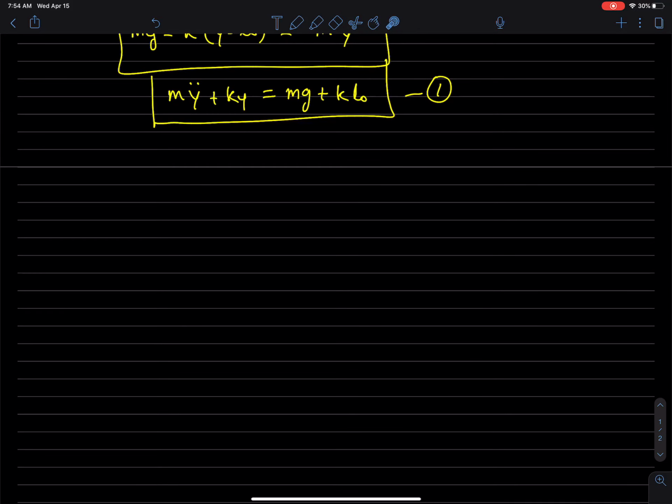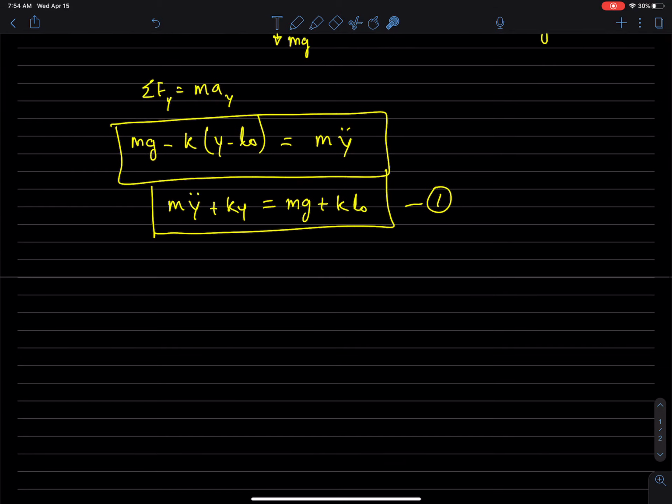Okay, so recall that this equation is different from our usual equation. Our usual equation is m x double dot plus kx equal to 0, the standard prototypical equation with the mass going back and forth in the horizontal direction. Here, in the vertical direction, there is this constant that is different from 0. Okay, so how do we deal with this constant?